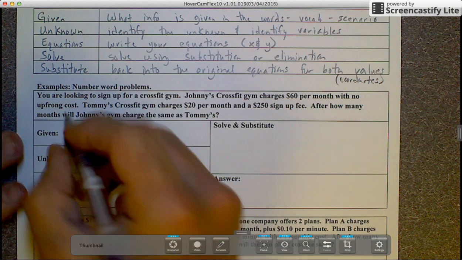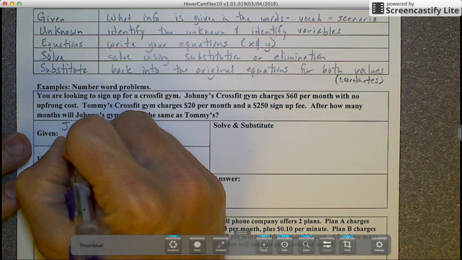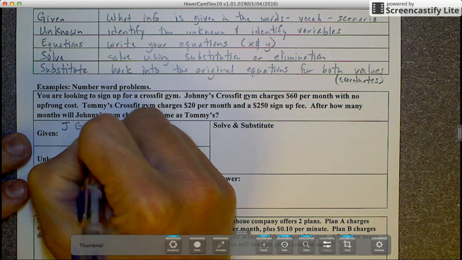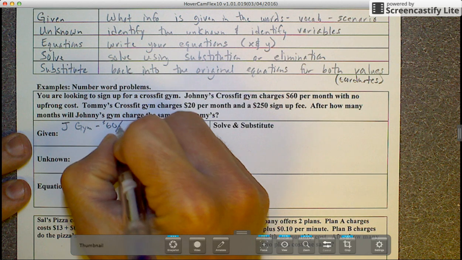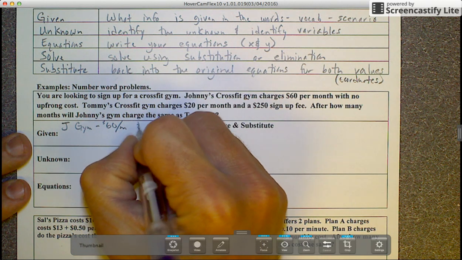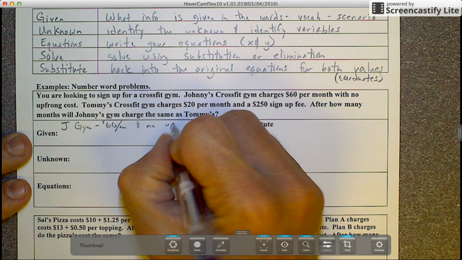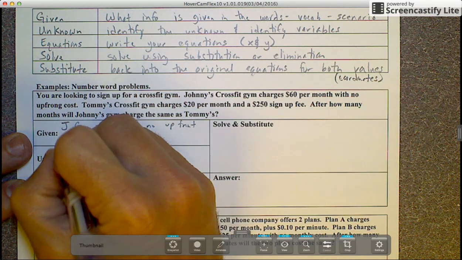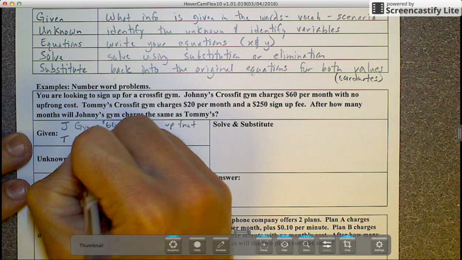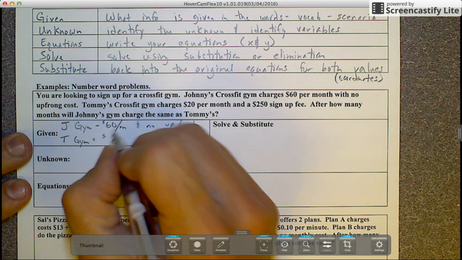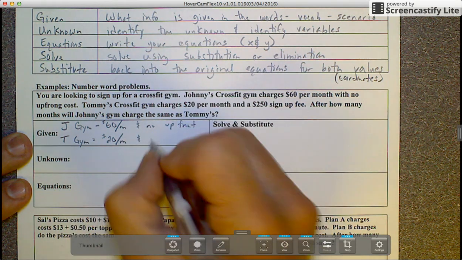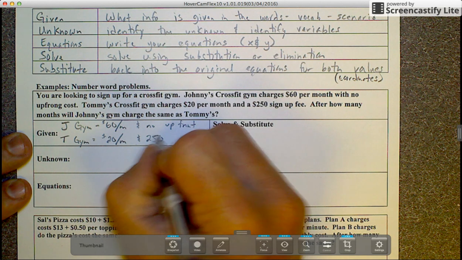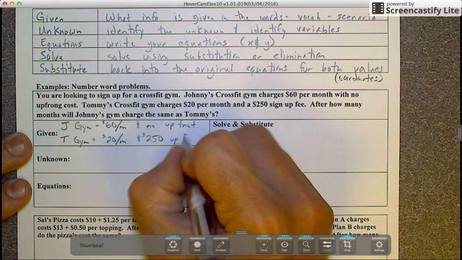So what's given? I'm going to go J for Johnny. His gym is $60 per month and no upfront. For Tommy's gym, it is $20 per month and a $250 upfront.